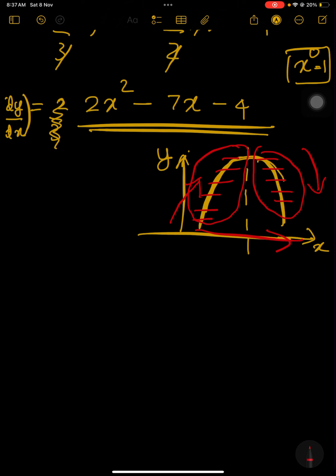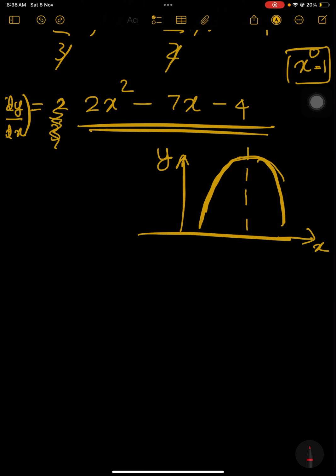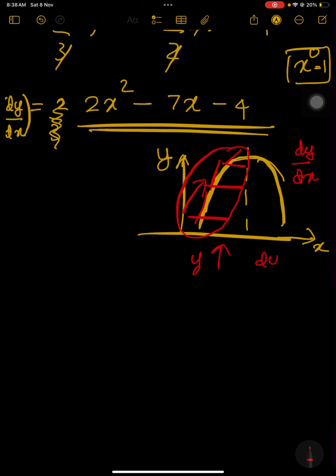So we can conclude that in this portion of the graph, y is increasing, and the slope, dy over dx, the differentiation of the graph, is decreasing.